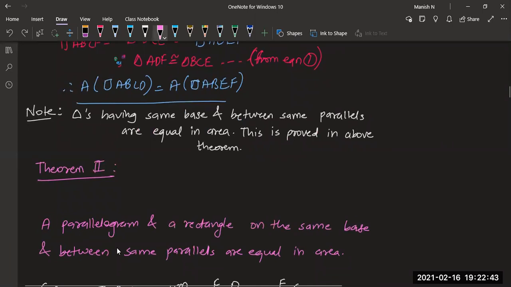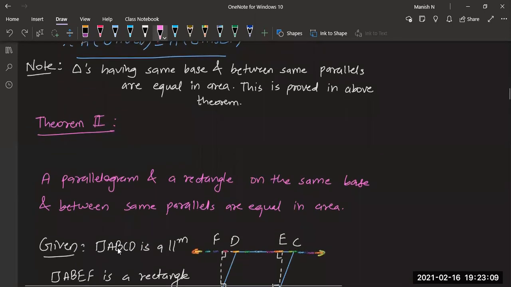It says a parallelogram and a rectangle on the same base and between the same parallels are equal in area. So far we had proved that two parallelograms having the same base and between the same parallels are equal in area. Now we would be proving that a parallelogram and a rectangle between the same parallels and on the same base are equal in area, right?